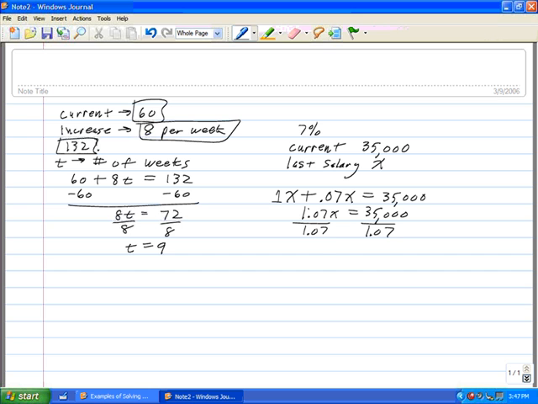On the left hand side, that just gives us our x, and on the right hand side it's going to give us the previous salary, which if we take it to the nearest penny turns out to be $32,710.28, and again that is just a result of that division.